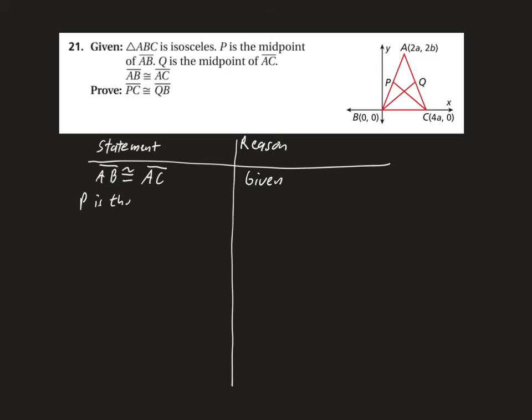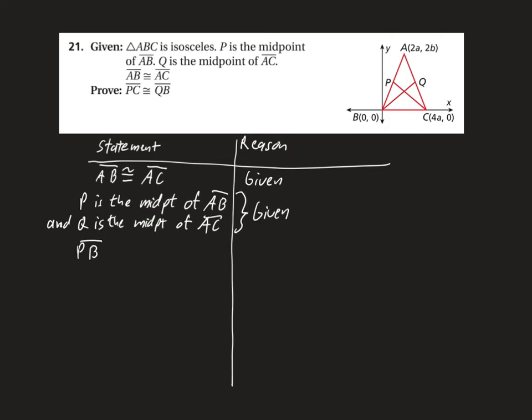I probably should include additional steps to show that these really are congruent, but I'm just going to use the idea that since P is a midpoint of a segment that is congruent to a segment that Q is the midpoint of, PB and QC have to be congruent to each other. So now we can see that those two segments of the triangles are congruent.